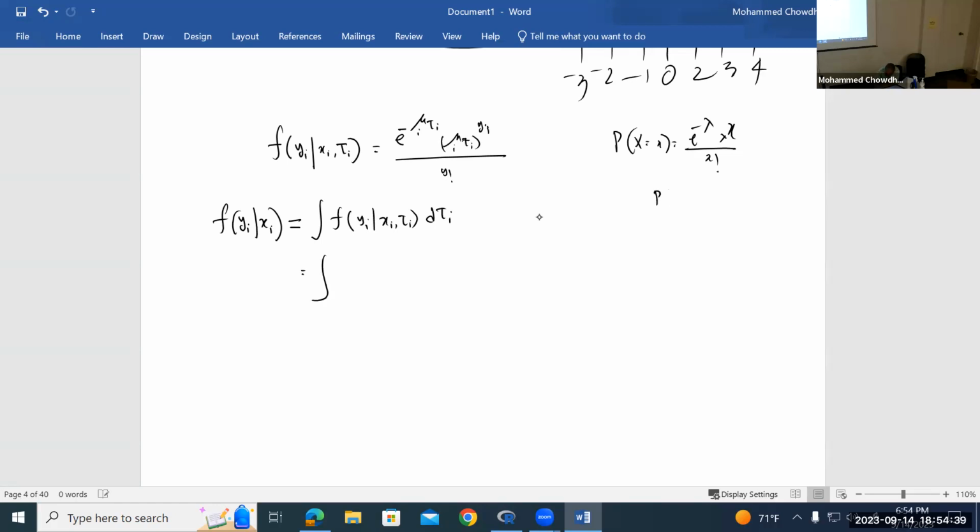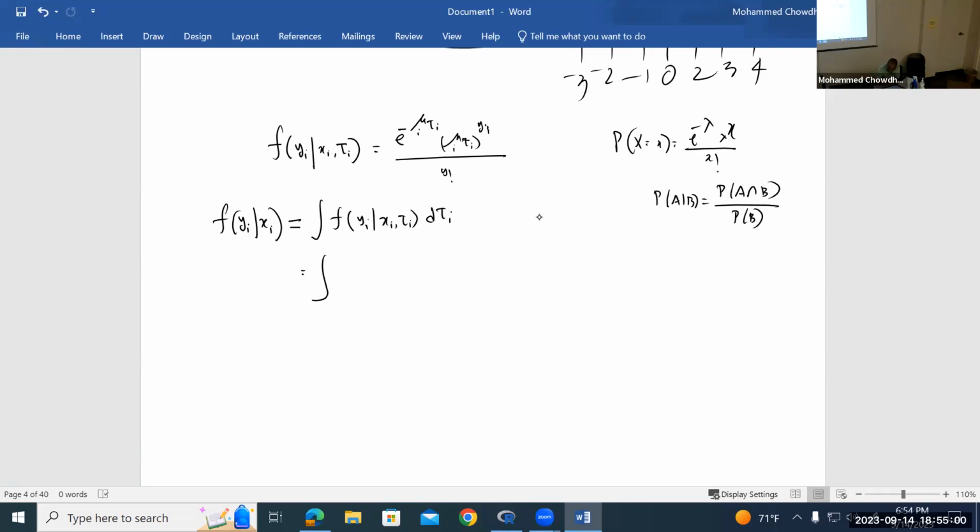You know this one: the probability of A given B is written as the probability of A and B divided by the probability of B, which is called the conditional probability. This is the definition of conditional probability.